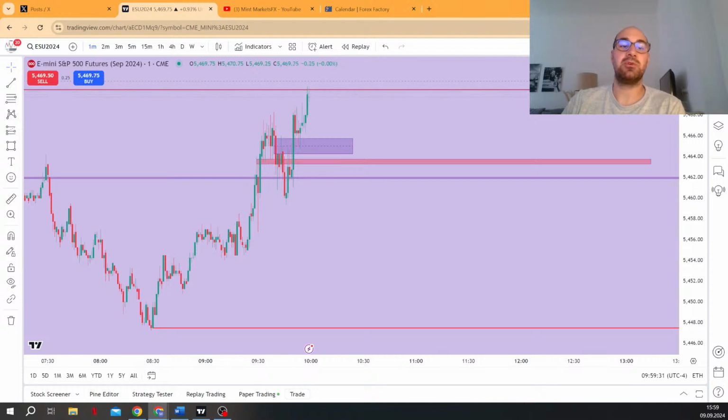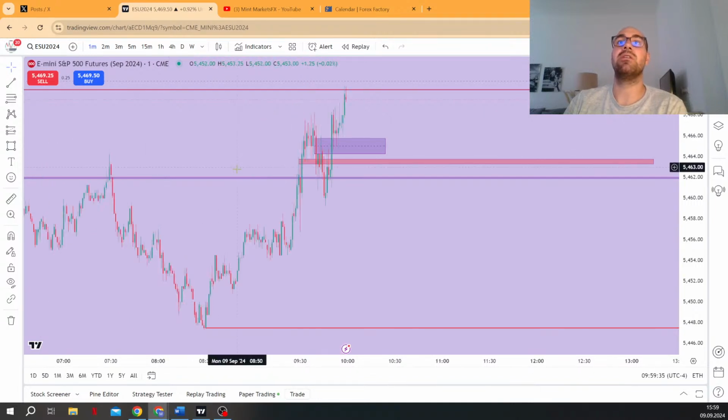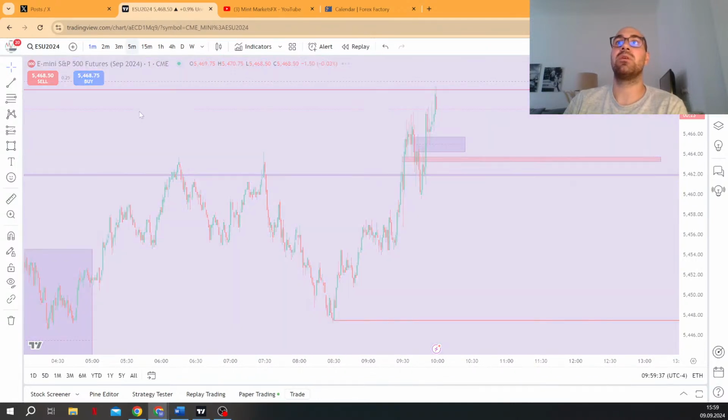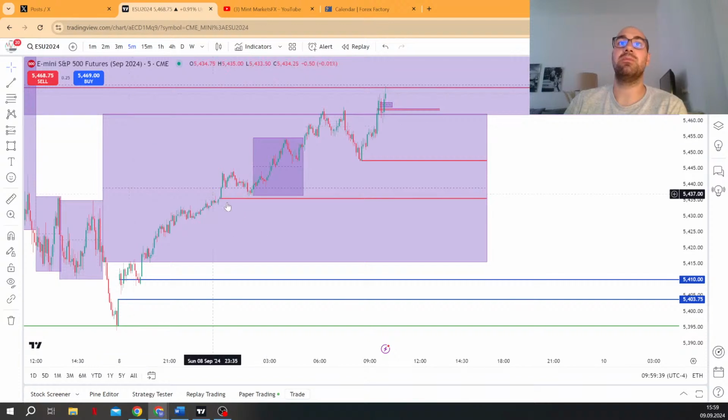Up front, what I'm looking for today, I'm not really interested in longs right away, because we are in a premium. We are above the opening prices at midnight and 8:30, and we had a huge premium wick. So what I'm looking for is a retracement to the midpoint of this opening range gap, or maybe the upper quarter.